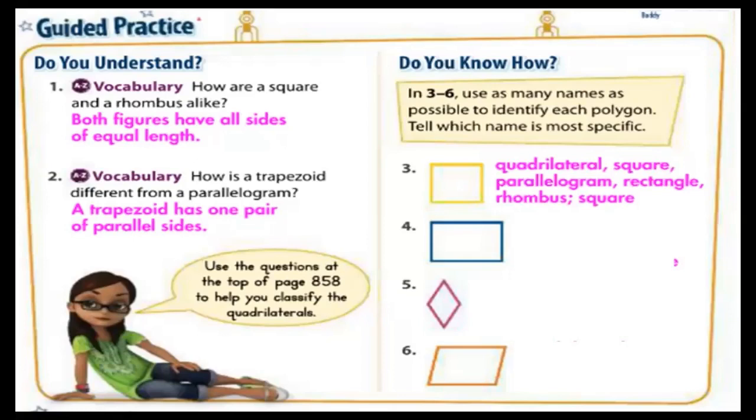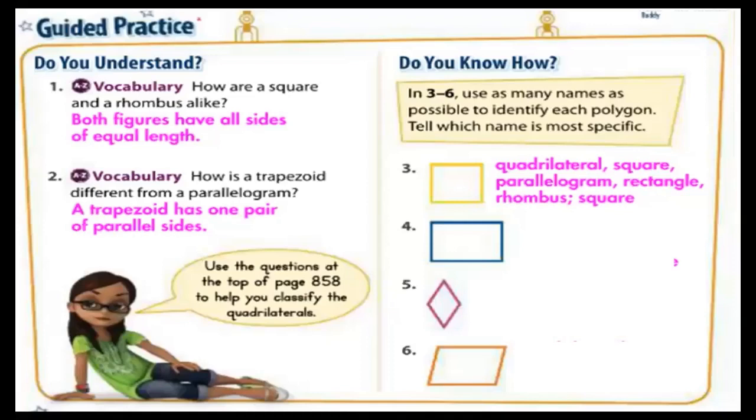We can say also parallelogram. Why? Because each two opposite sides are equal in length and parallel. Rectangle, rhombus, or square, all of that may be called for this shape, but the most specific one will be the last one, which is square.